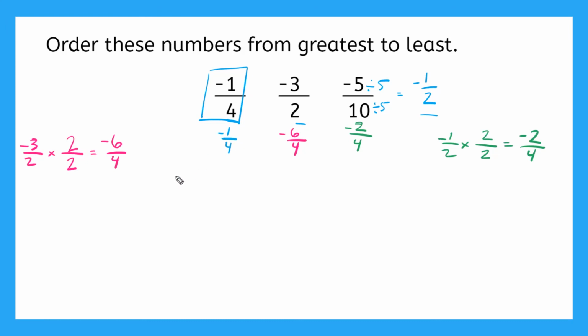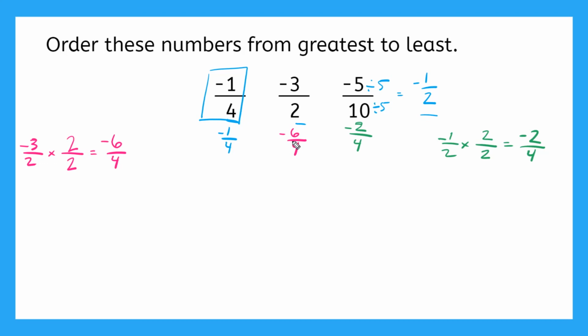And I'm also comparing that to negative 1/4. So what's the rule when we're normally ordering fractions that all have the same denominator? Yeah, we say the fraction with the largest numerator, the largest number on top, is the biggest fraction. But since these are negative numbers, the opposite is true. Since all of these fractions have matching denominators, we know that the fraction with the biggest number on top is actually the smallest number because it's negative, right?